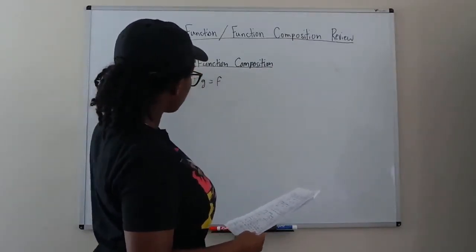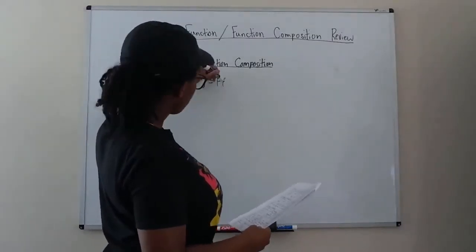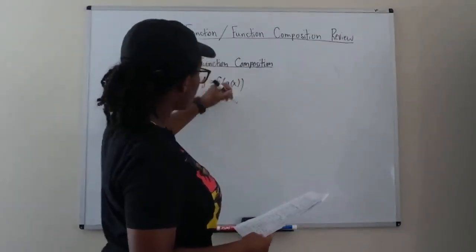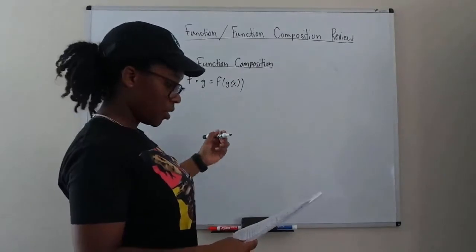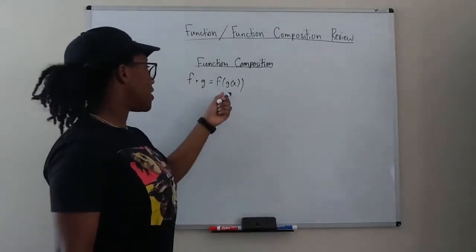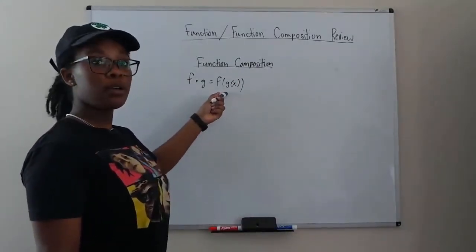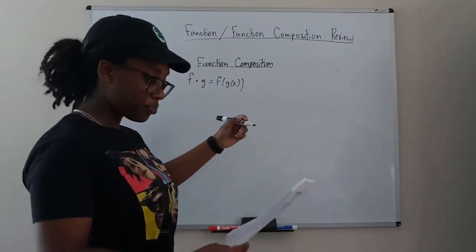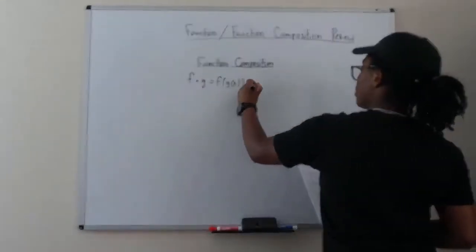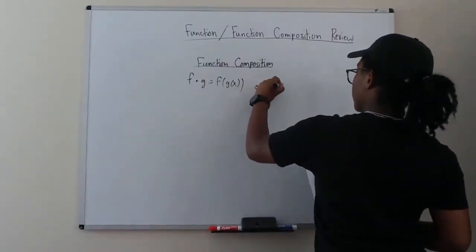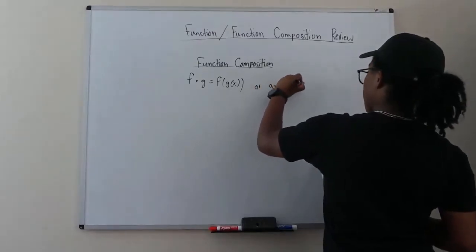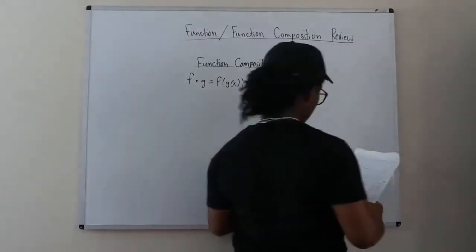And so it kind of looks like f o g. But basically the way you pronounce it is f of g of x, which just means that g of x is being plugged in for the input for f of x. Or let's say you wanted to write it g of f, so g of f of x. It's just the way you say it.